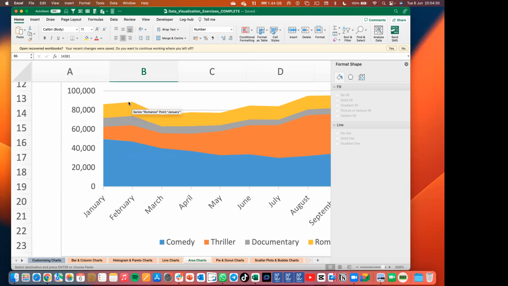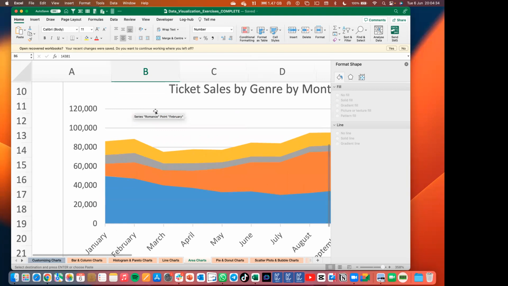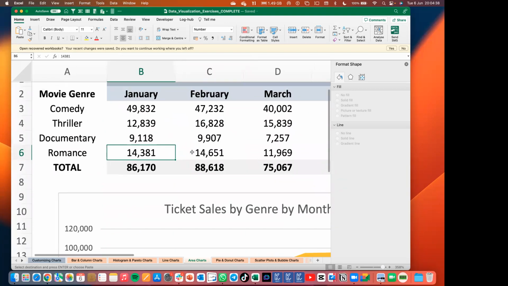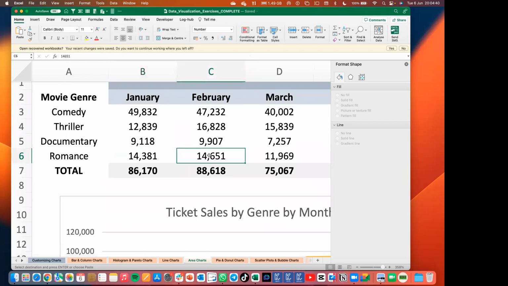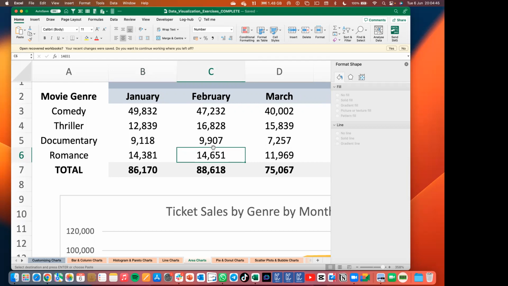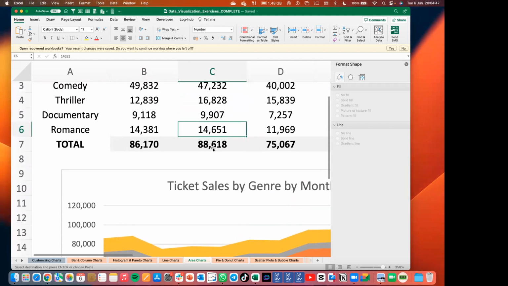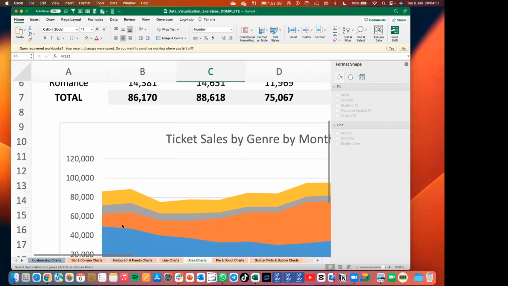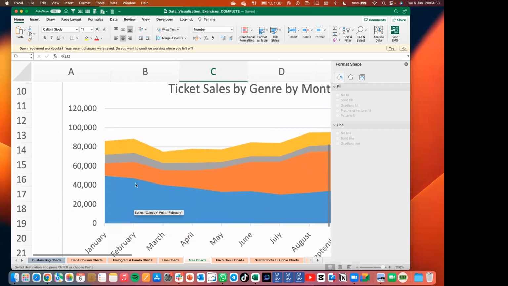It doesn't mean that this yellow, which is romance, for Feb, was peaking from here up to here. In other words, let's look at Feb. Is it over 80,000? Let's look at the data here. So that's romance. So when you come to Feb romance, you see it's that. But it is only showing cumulative from comedy, which is up to 47, from here up to 47.